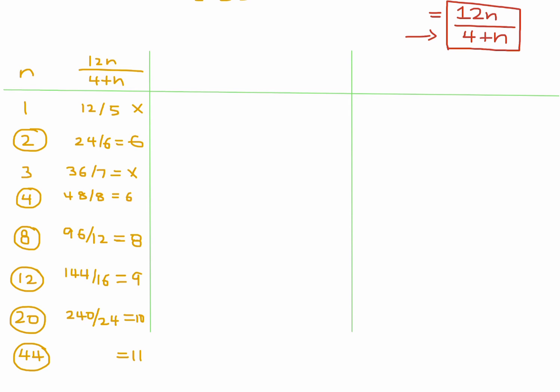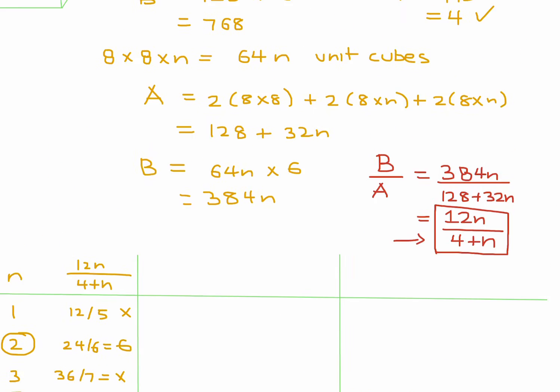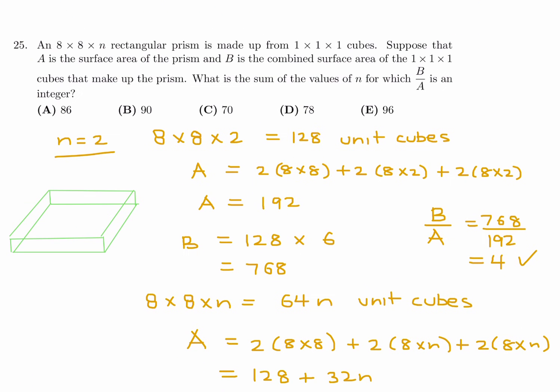And at that point, it's finished, thankfully. And now you just have to add up the values of n that worked. So 2 plus 4 plus 8 plus 12 plus 20 plus 44, and that's 90. So that is the answer, and that's B.